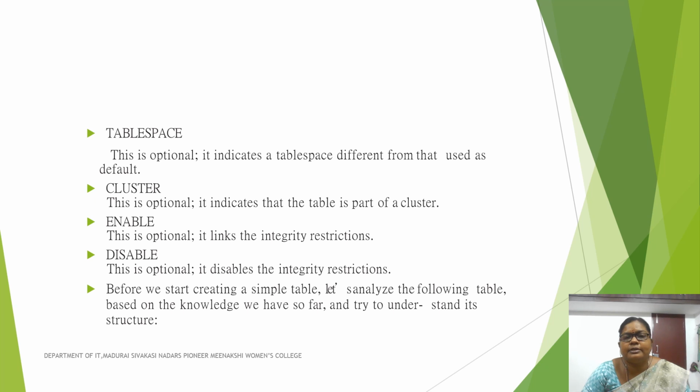Table space. This is again an optional one. It indicates a table space different from the one used as a default. Table space is nothing but the memory space we allocate for the tables at the time of creation, or at the time of processing or manipulating something, we make use of another table space. It's just an action to tell the particular user to make use of the space.